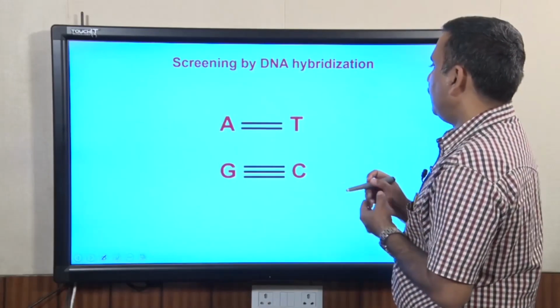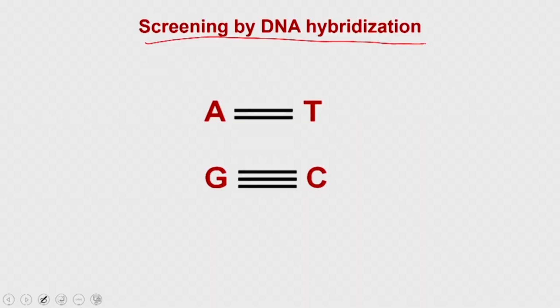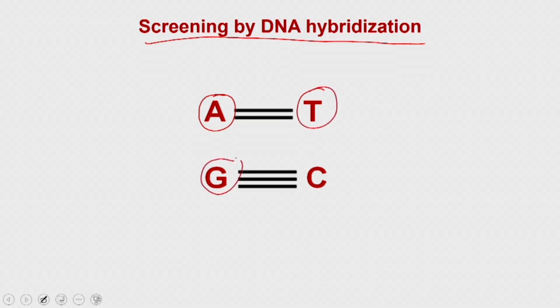The basis of screening by DNA hybridization depends on the property that within the DNA you have specific base pairing between the nucleotides. For example, adenine always makes a pair with thymine, and guanine always makes a pair with cytosine.